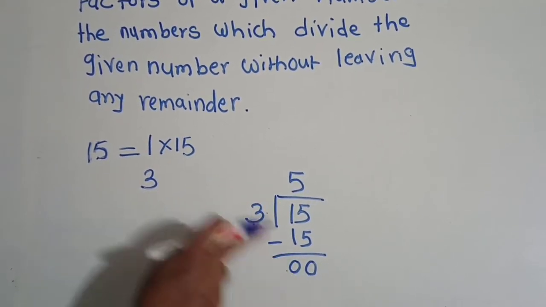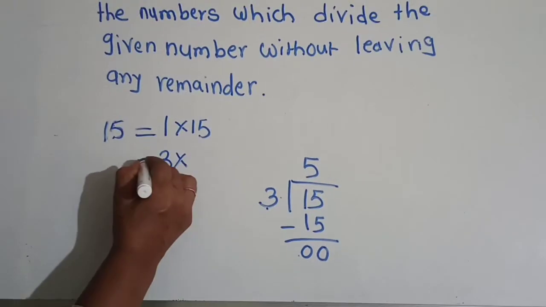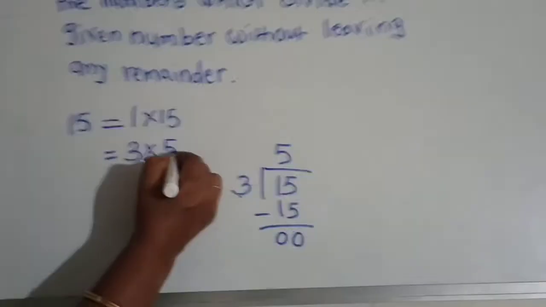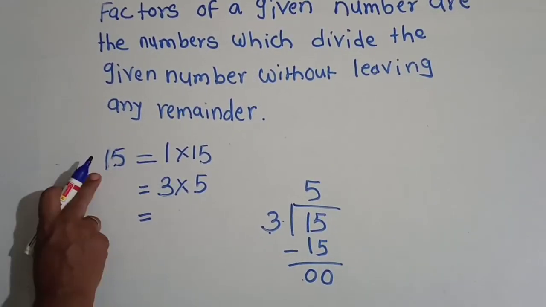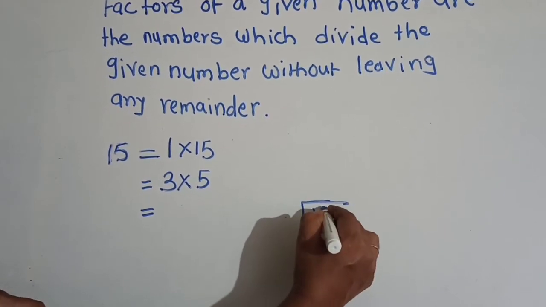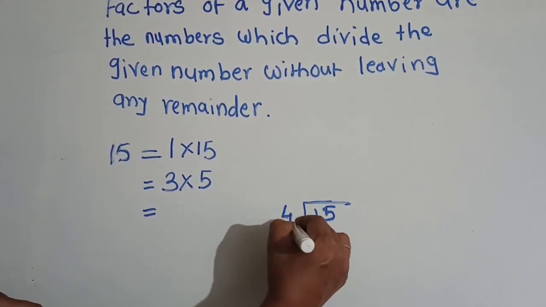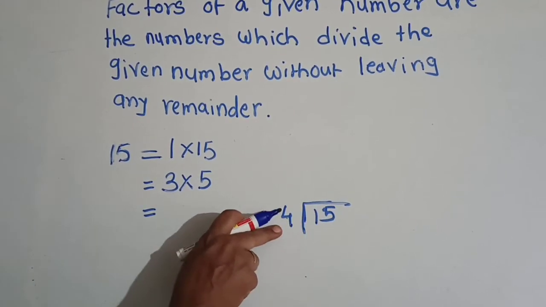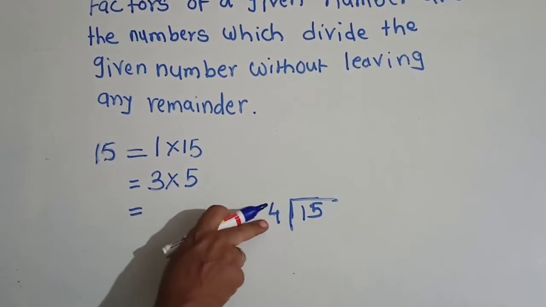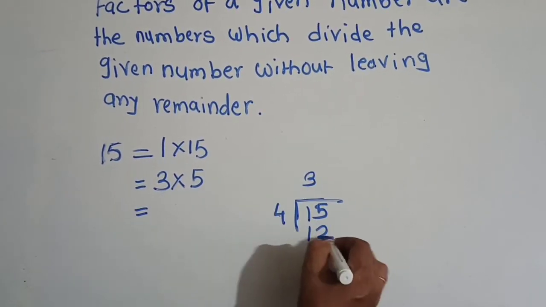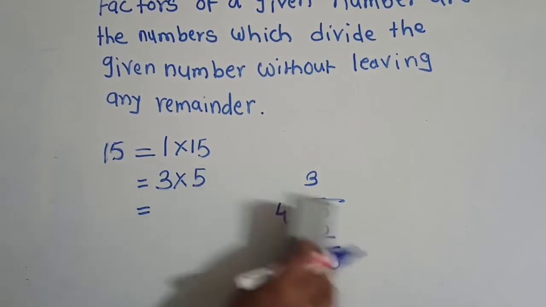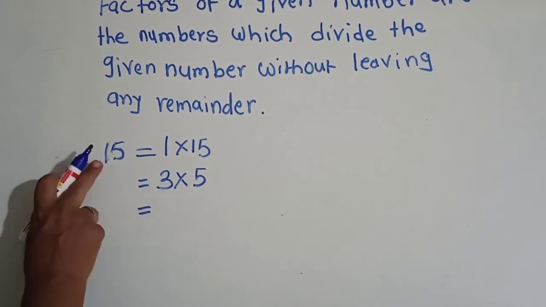Remainder 0. So 3 is a factor of 15. Means 3 fives are 15. Okay children. Now 4. 15 divided by 4. Now 4 ones are 4, 4 twos are 8, 4 threes are 12, 4 fours are 16. 16 is more than 15, so 4 threes are 12. And 15 minus 12, remainder 3. So 4 is not a factor of 15.